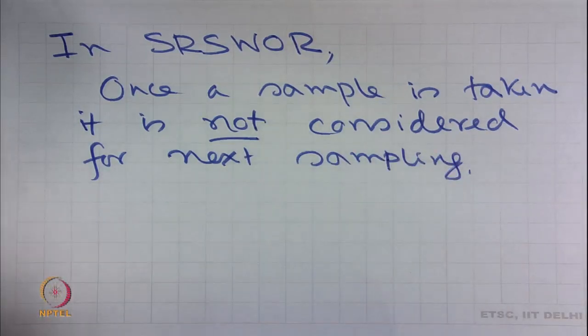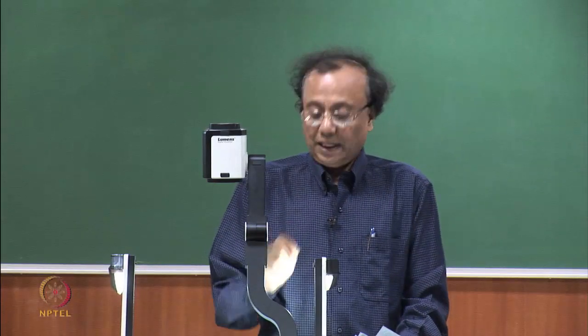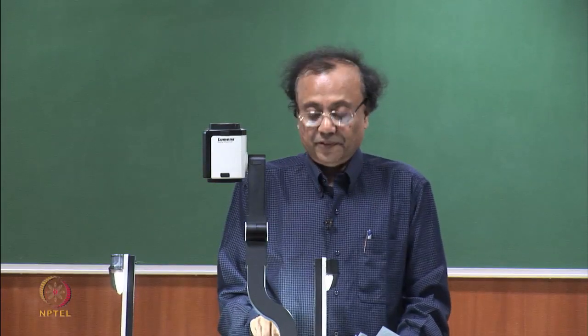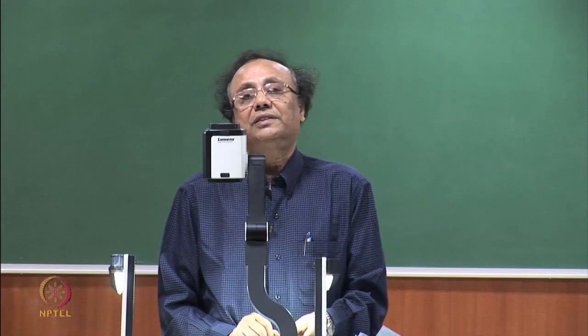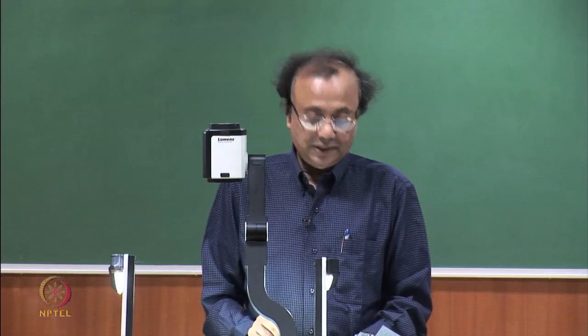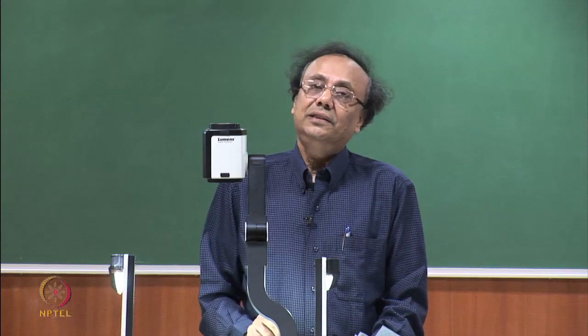Therefore, in SRS-WOR, one individual unit can be represented only once at the most in the sample. On the other hand, in SRS-WR, theoretically, in all the n samples, there is a possibility that you can choose only the same element n number of times.